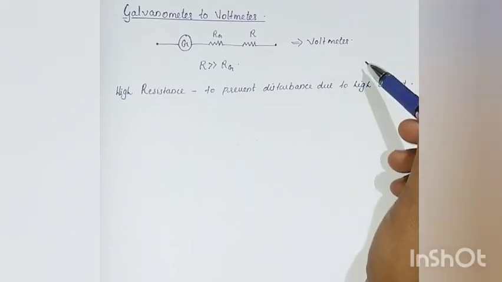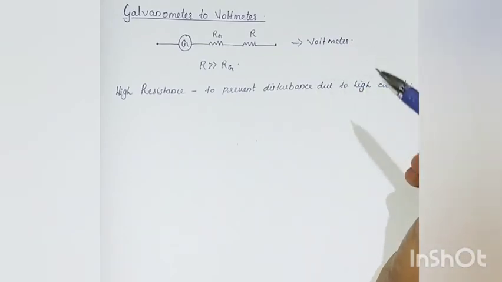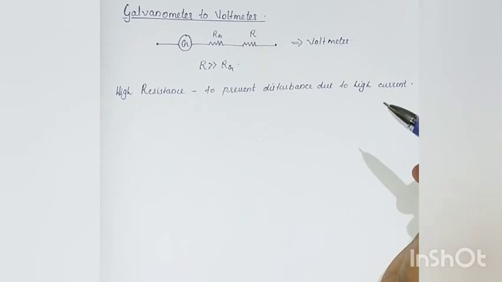Now this converted voltmeter has to be connected in parallel to the section of the circuit where we are going to find the voltage. We know that to measure the current, ammeters are connected in series with the circuit, and to measure voltage, voltmeters are connected in parallel to the circuit.